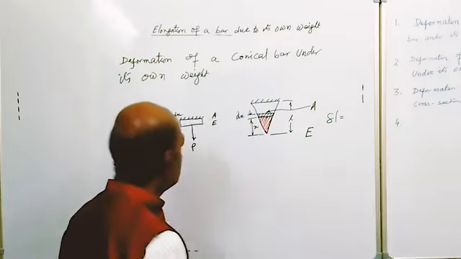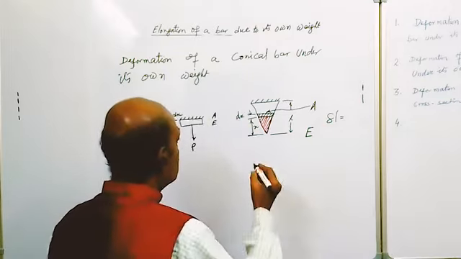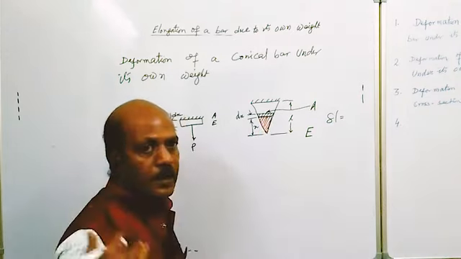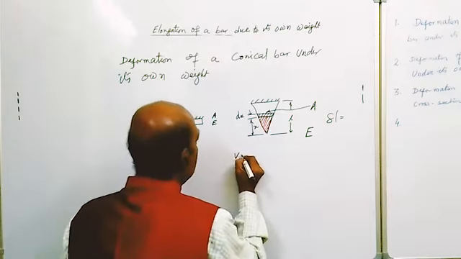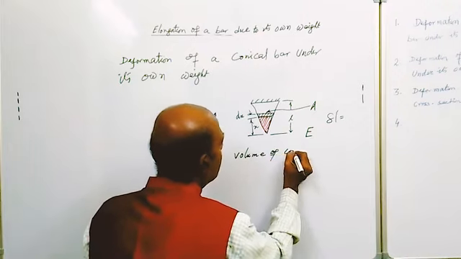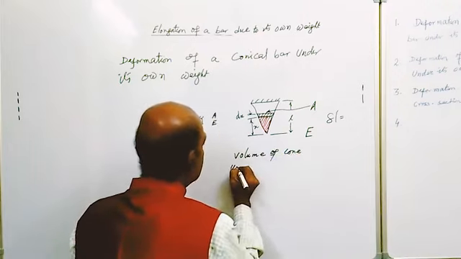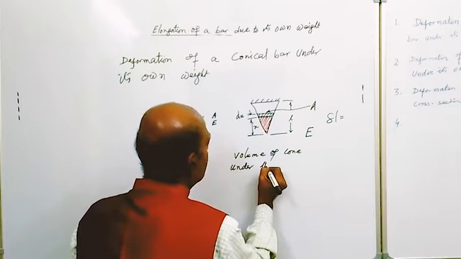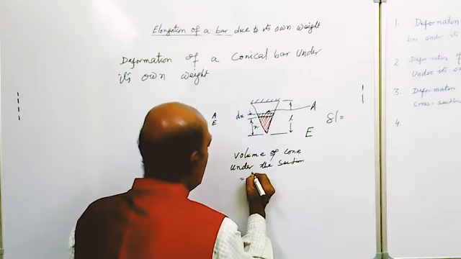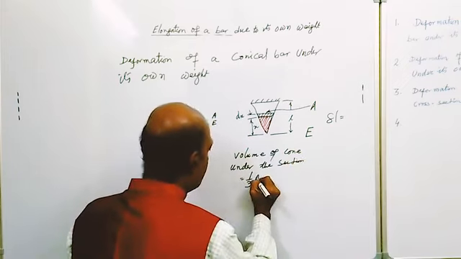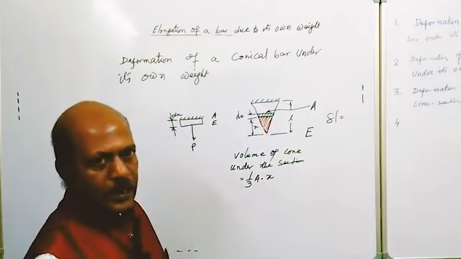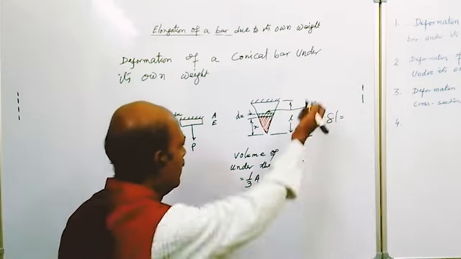See, we know that this is a conical portion. Now first we will find out the volume of the cone. Volume of the cone under the section is given by 1/3 into area of base, meaning this area, into height.